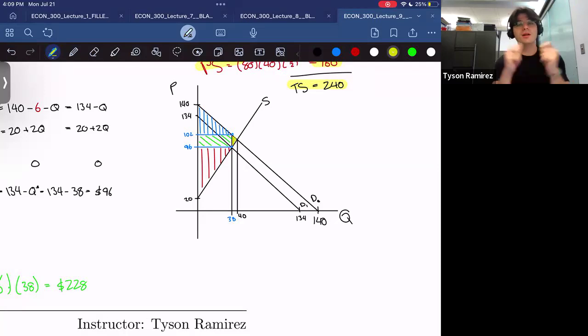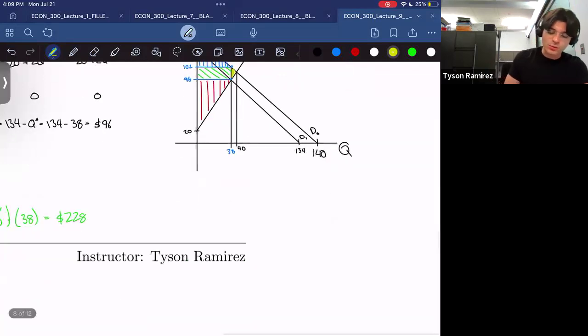So the sales tax is harming both people, even in spite of the fact that consumers are paying 100% of the tax, it still will affect the producers. It's not even beginning to address what if the producer pays some of that tax? Well, then we're going to cut into that producer surplus even more.